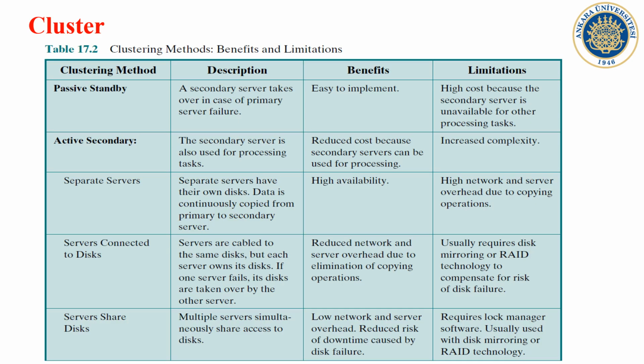This method has low network overhead and reduced downtime risk, but it requires lock management software to control concurrent data access. In summary, each clustering method represents a trade-off between performance, availability, complexity, and cost. The best choice depends on the system requirements and workload characteristics.